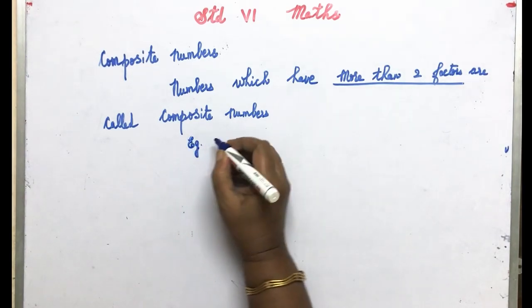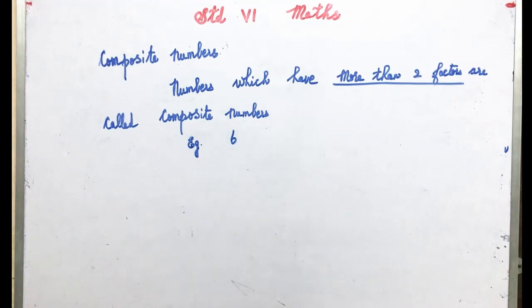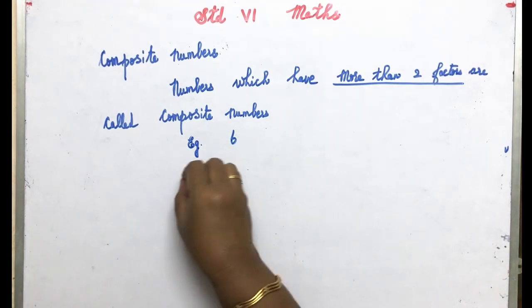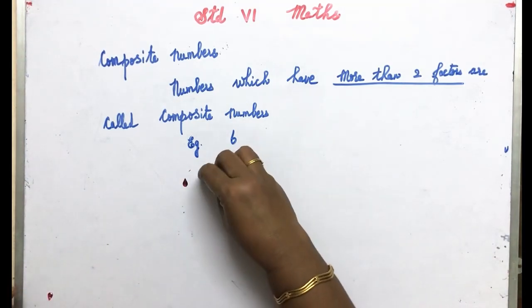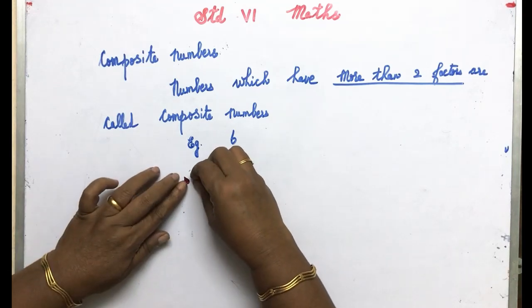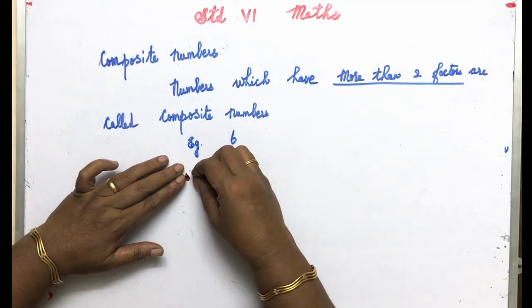Now we will take the example as 6. Now 6, how can we arrange? We can arrange 6 in each row without leaving remainder.